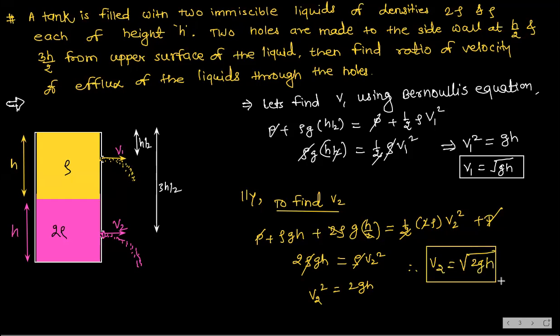What is he asking you? He is asking you to find the ratio of velocities. This is equation number 1, and let this be equation number 2. From 1 and 2, what we have to find? V1 by V2.